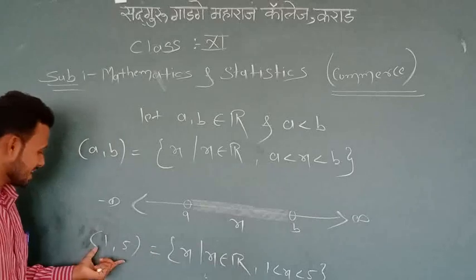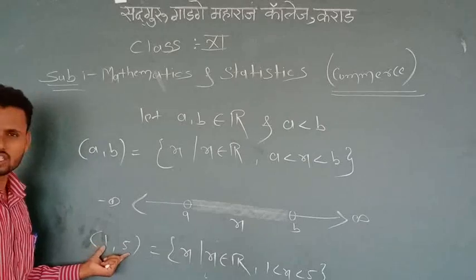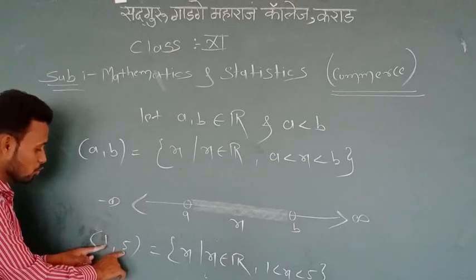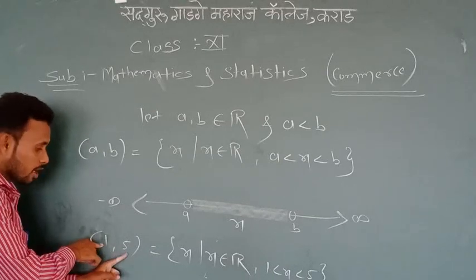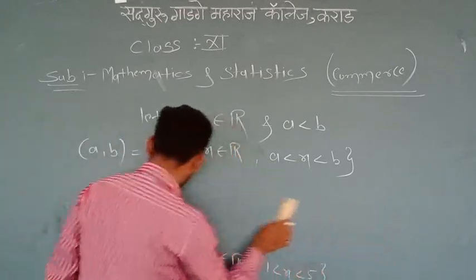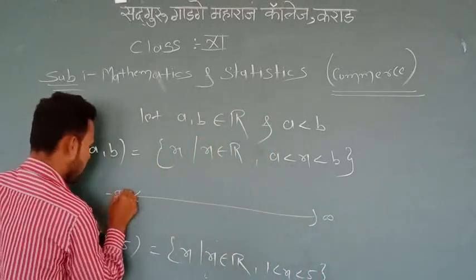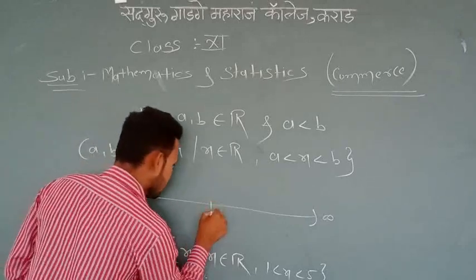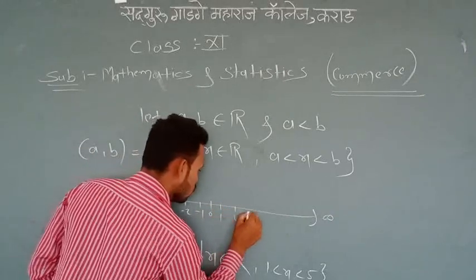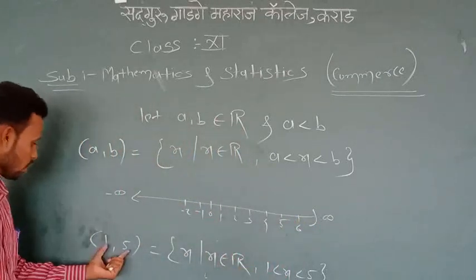It means in the open interval (1, 5) the elements are all those numbers which lie between 1 and 5, but 1 and 5 are not included in this set. On the real line, here plus infinity, here minus infinity. Then here 0, minus 1, minus 2 and so on. Here 1, 2, 3, 4, 5 and 6. And our open interval is 1 to 5.